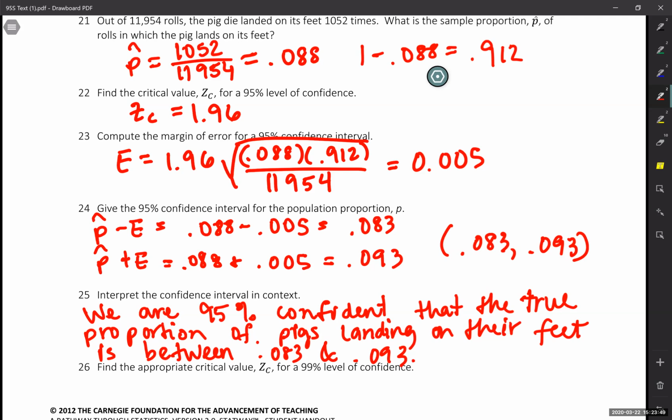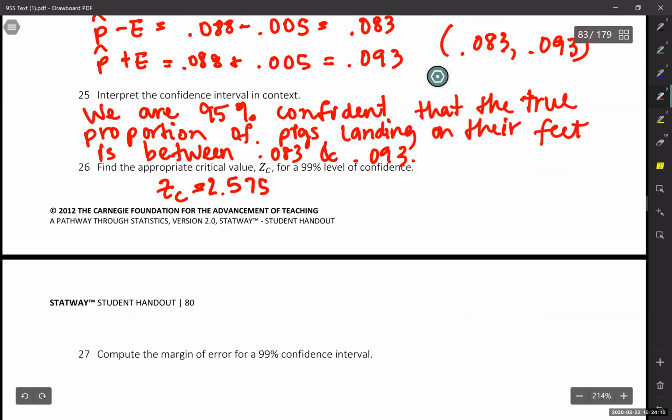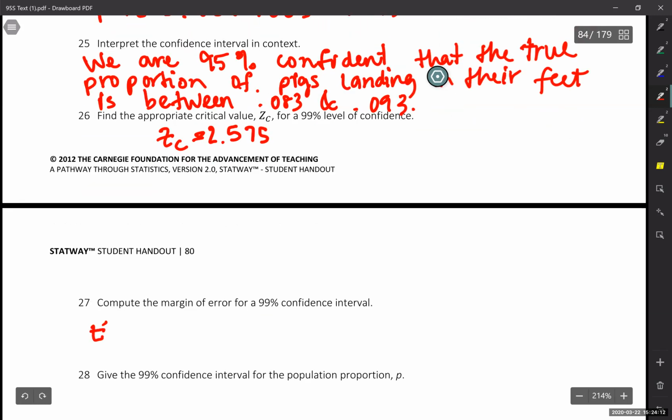Okay, so then doing this again for 99%, we have Z equals... no, it's not 1, it's 2. It's that bottom number, 2.575. Compute the margin of error. So you just go back into your calculator, change the Z, and the whole fraction part is already there.